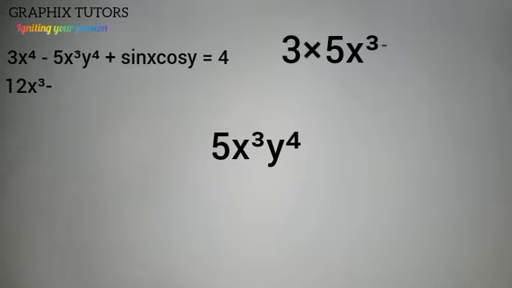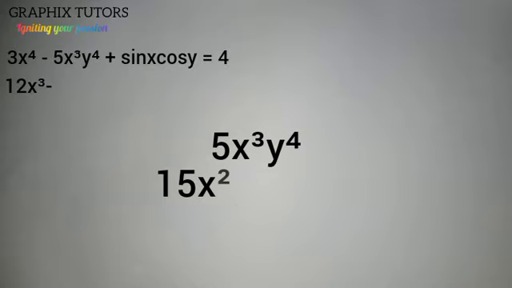We all know you have 15x squared. You multiply it by y to the power of 4. So we have 15x squared y to the power of 4, right? Plus, then you differentiate only y to the power of 4, since you've already differentiated 5x cubed.